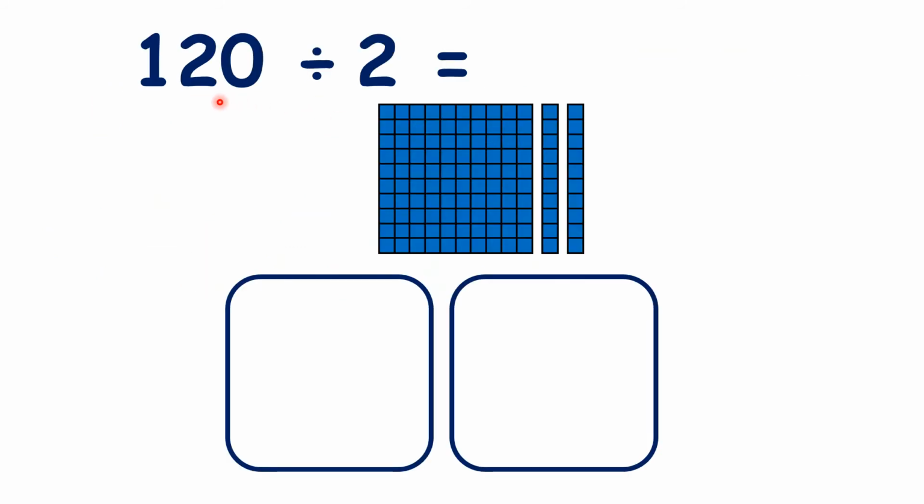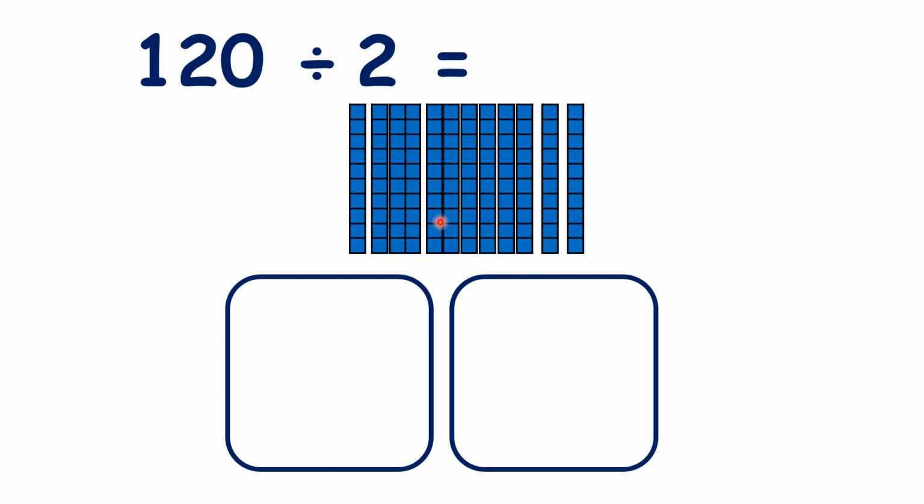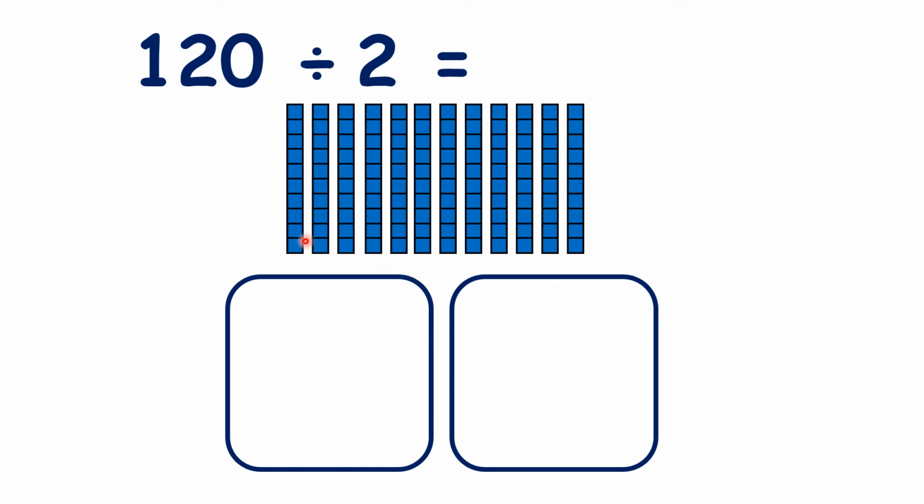We could also think of 120 divided by 2 as sharing 12 tens, so that's 120, between 2 groups. We can't share out our 100 because when we divide by sharing, we need the same amount in each group, so we need to break up our 100 into 10 tens.